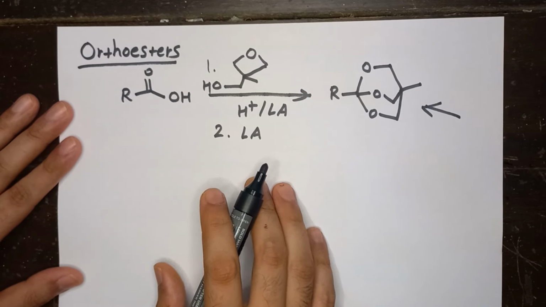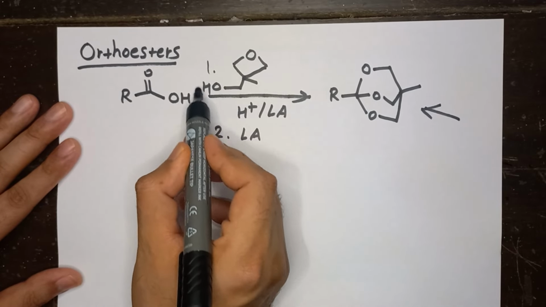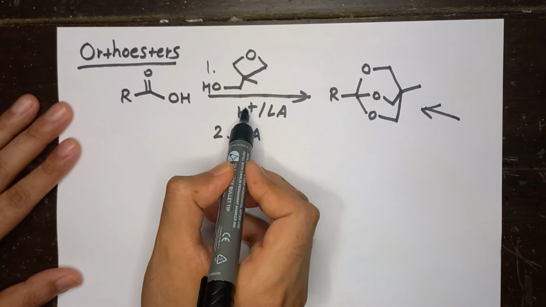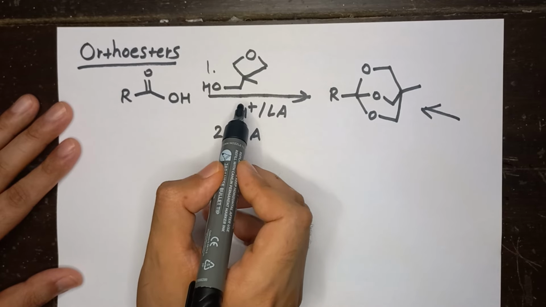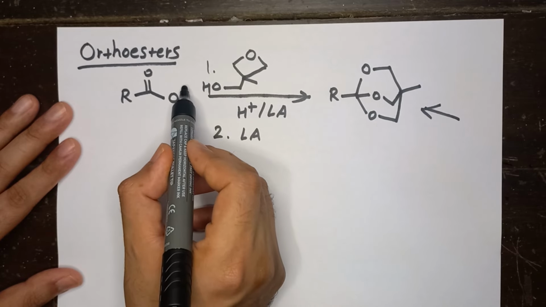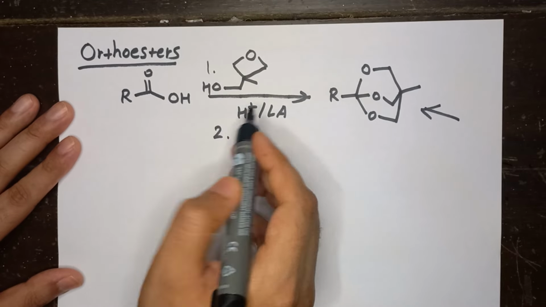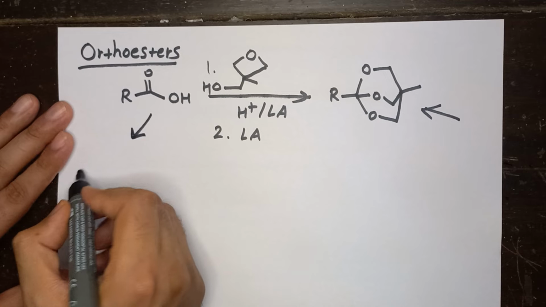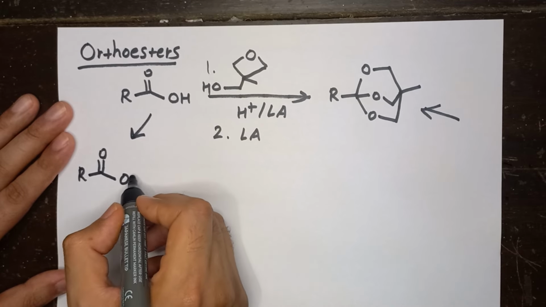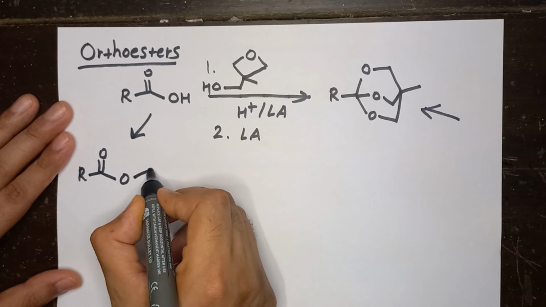We know that this acid and this alcohol are going to form an ester molecule in the presence of acid. We have already seen it in the first method only. The first method to make ester was to use acid and alcohol in the presence of H+, and this will generate RC double bond O. Then we have CH2.